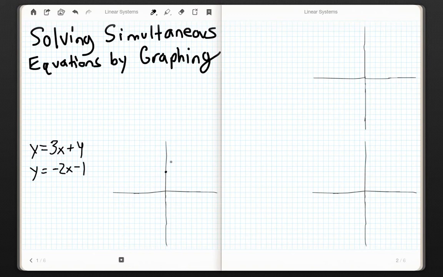We have y-intercept of 4 and a slope of 3. And y equals negative 2x minus 1. Y-intercept of negative 1, slope of negative 2.